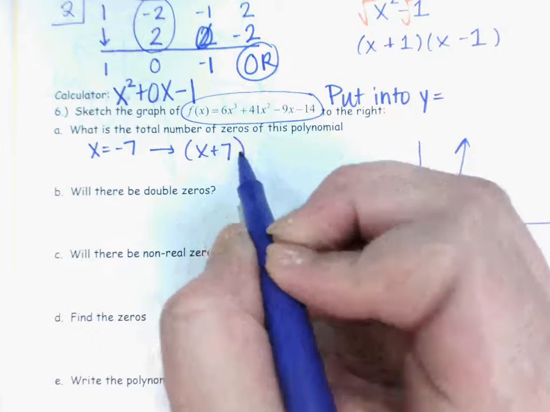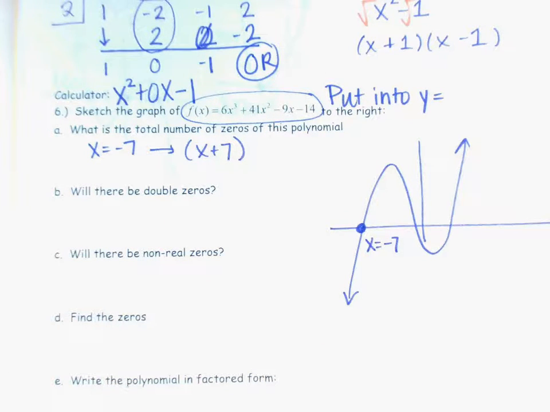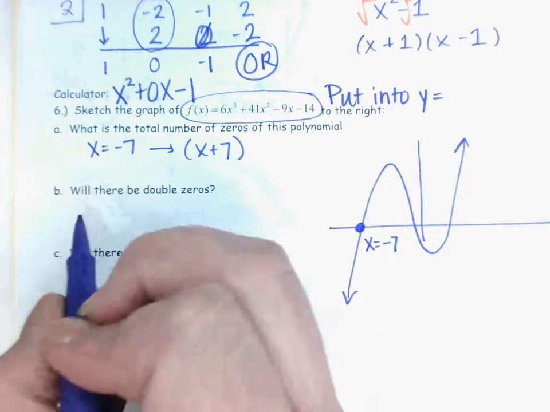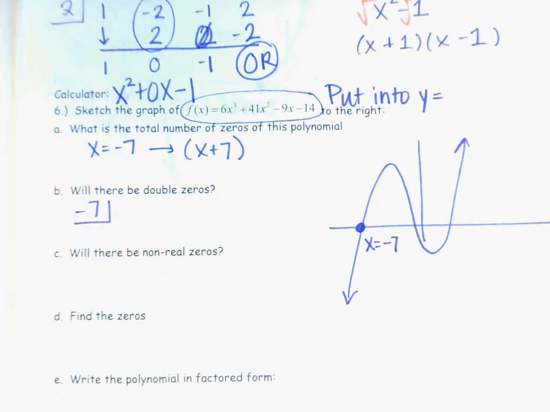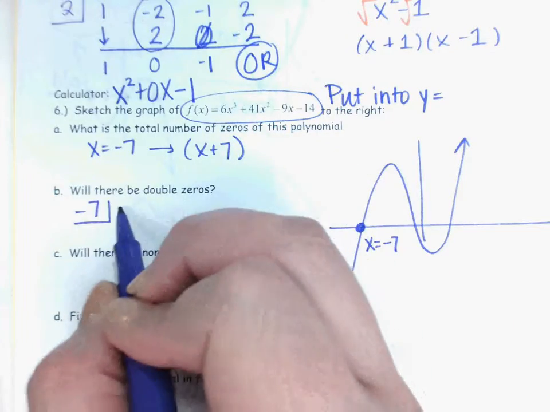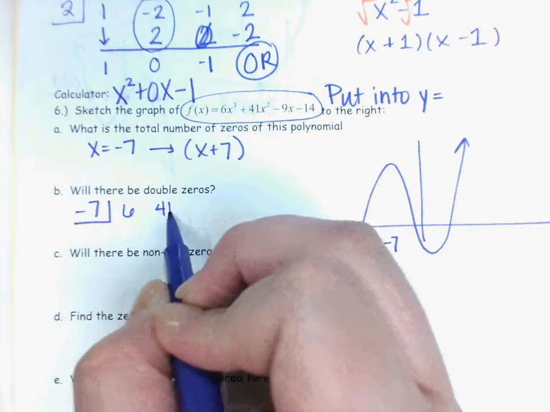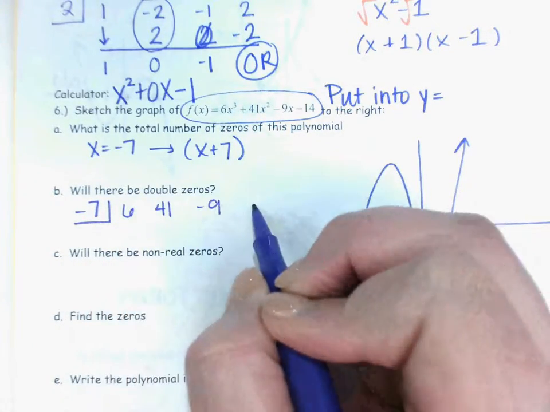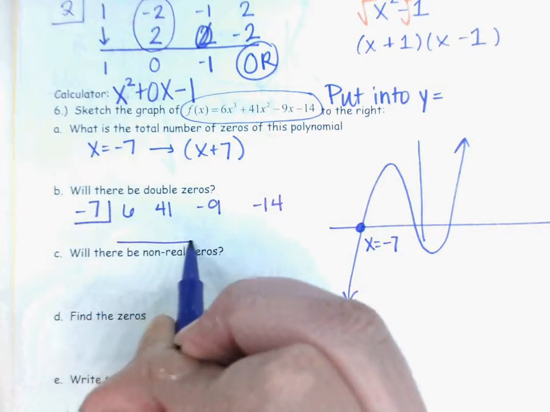And so what I'm going to do is I'm going to divide that out and then whatever's left over, I'll be able to factor. So if it's a plus 7 here, what do I put in the box? Negative 7. Then I'm going to have my 6, 41, negative 9, negative 14.